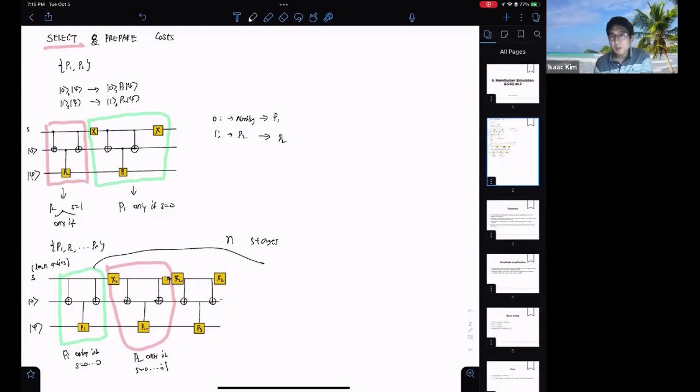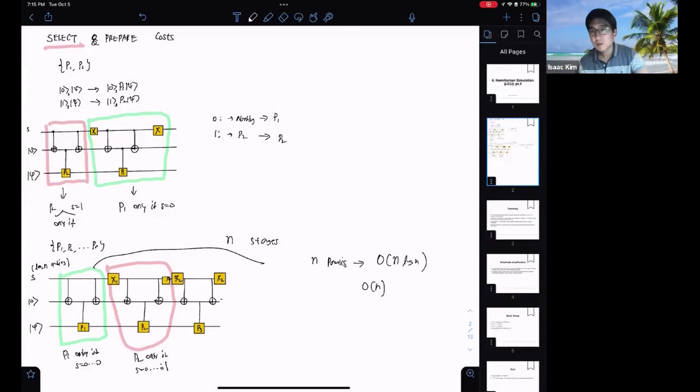So if you have n different Paulis that you have to apply, then that amounts to basically order n log n gates. And you can be a little bit smarter about this, and then you can reduce this to actually order n gates.